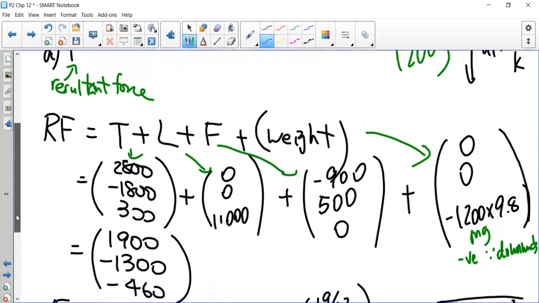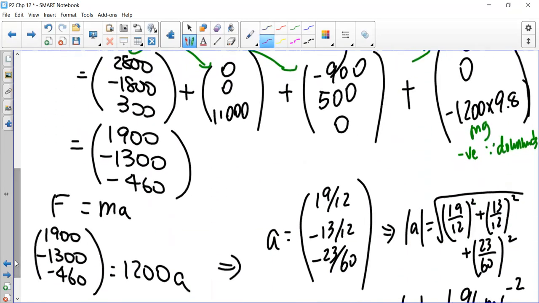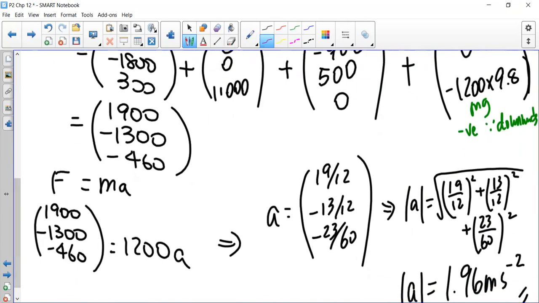Anyone would like to make a guess? What determines if it's ascending or descending? Up and downward forces. So the overall force on the up and down, which is k, the altitude, is minus 460. That means it is descending.